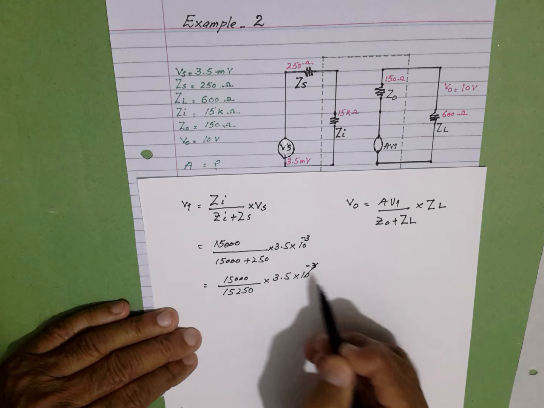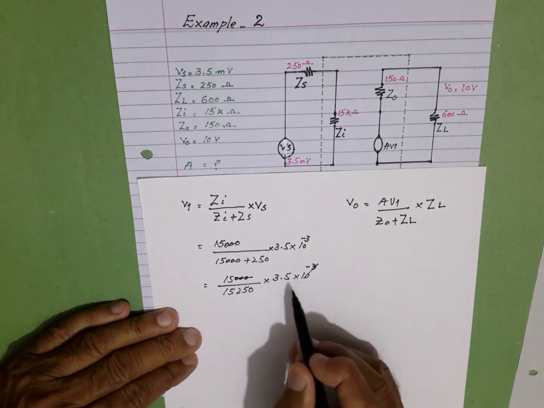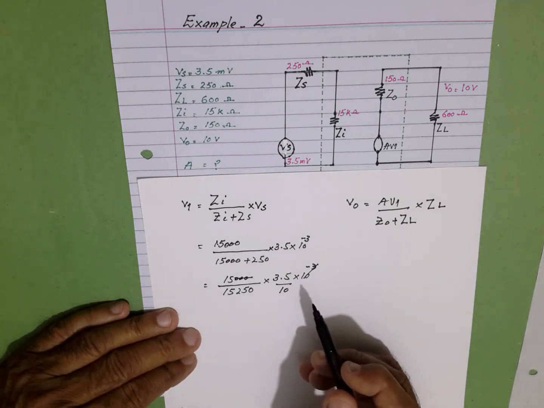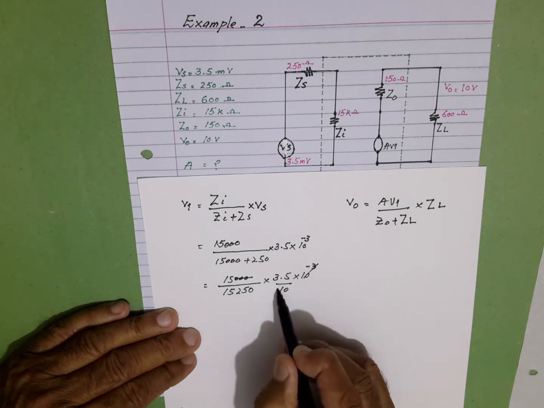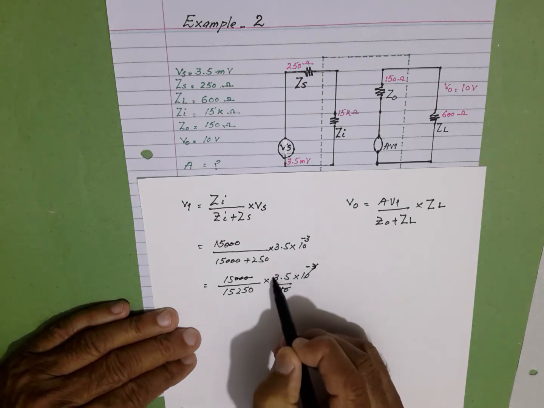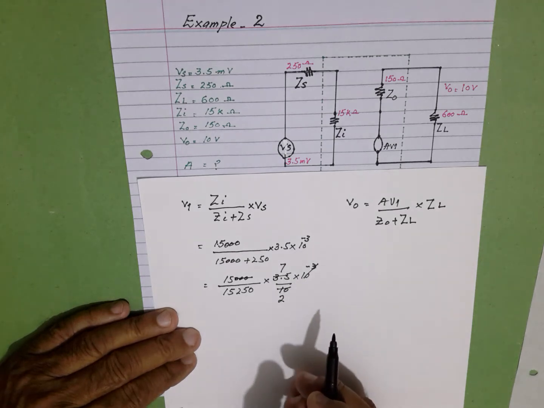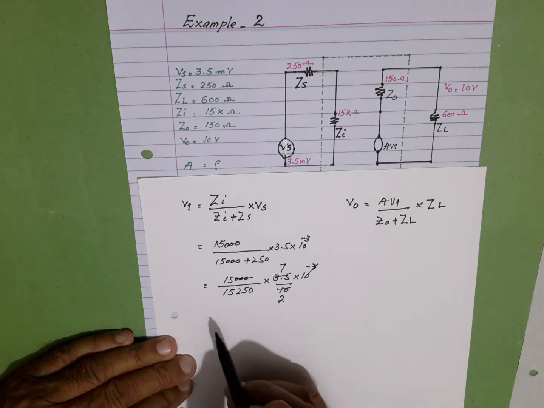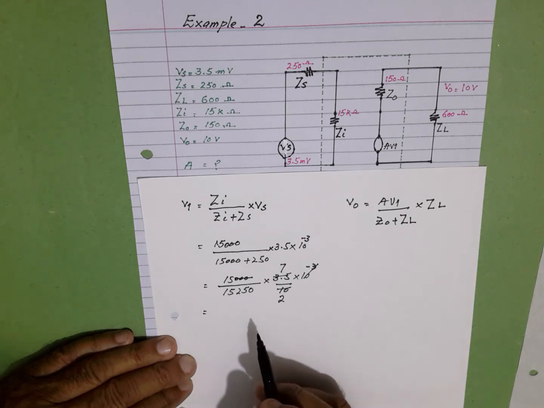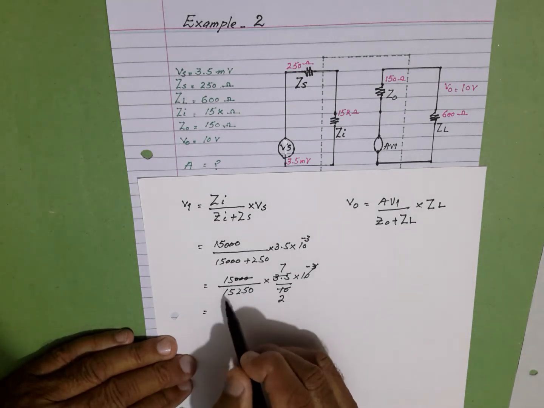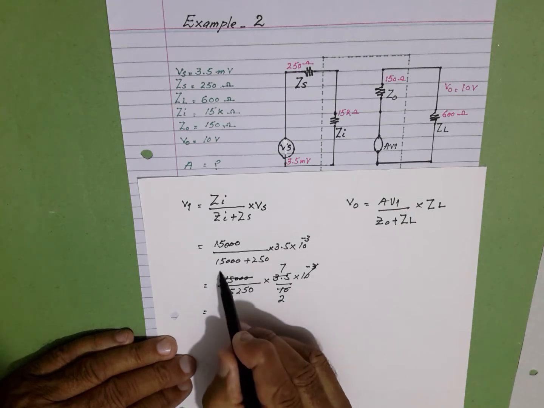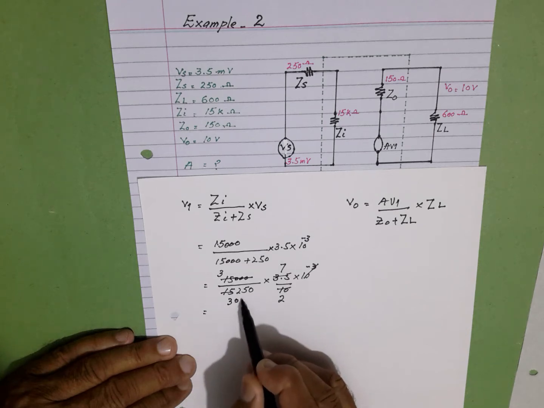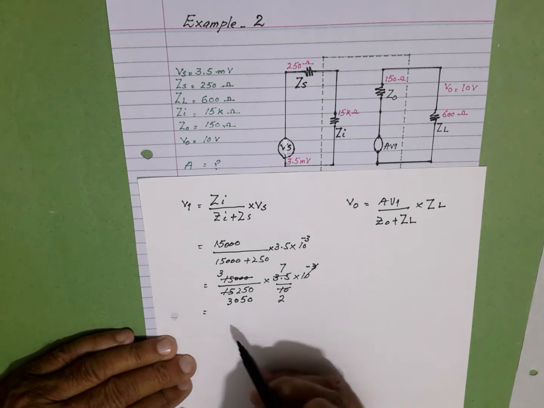This 10 to the minus 3 cancels with these 3 zeros, and we read the 5 times table: 5 times 2 is 10, 5 times 7 is 35, and again the table of 5: 5 times 3 is 15, 5 times 5 is 25.